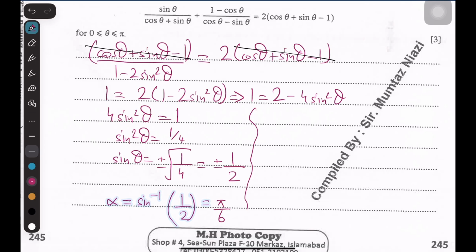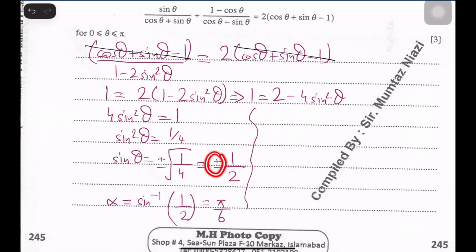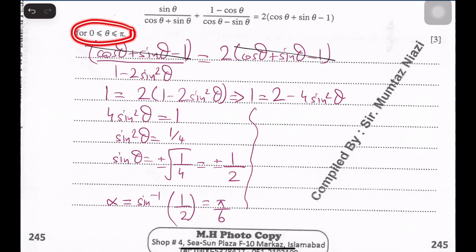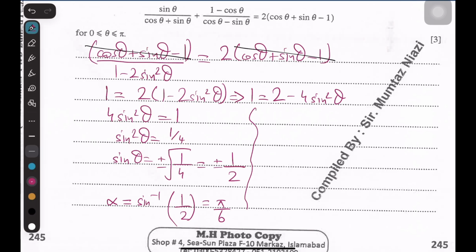Alright, now it's given over here that it's positive or negative. So sine is positive in the first and second quadrant, negative in the third and fourth quadrant, so we'll consider all quadrants over here. However, the limitation that will apply over here is that they've given that the range is from 0 till pi, so we can only take the first and second quadrant. Alright, so we have pi by 6.